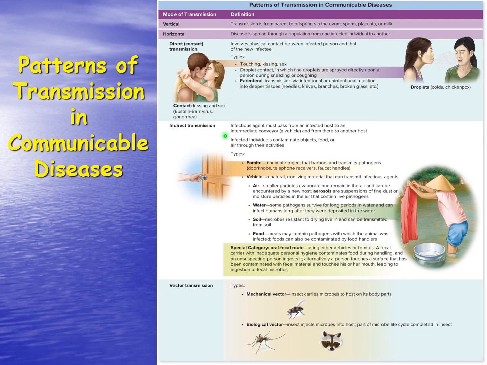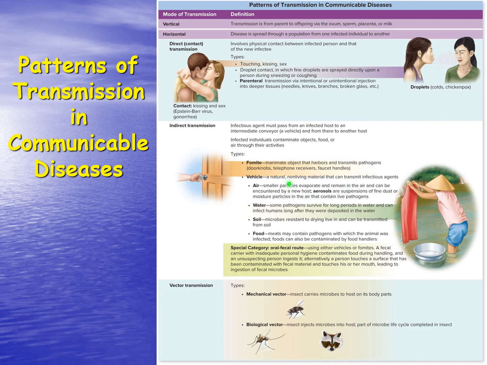Indirect transmission is where the infectious agent must pass from an infected host to an intermediate conveyor, a vehicle of some sort, and from there to another host. A fomite is any inanimate object that harbors and transmits pathogens, and this can be something like doorknobs, telephone receivers, the elevator button, the button on the vending machines, Kleenexes.